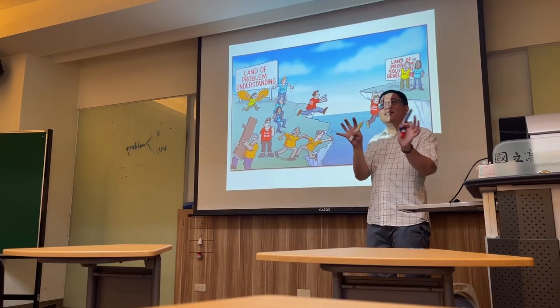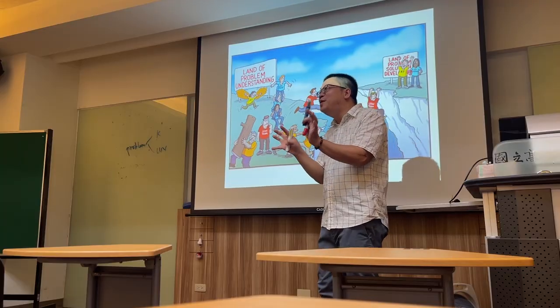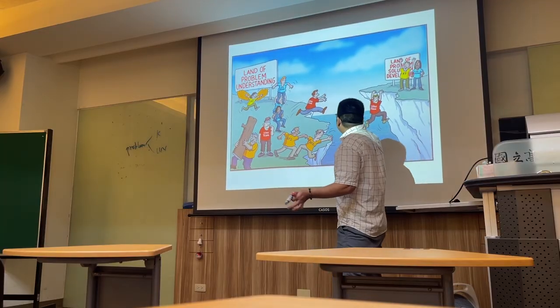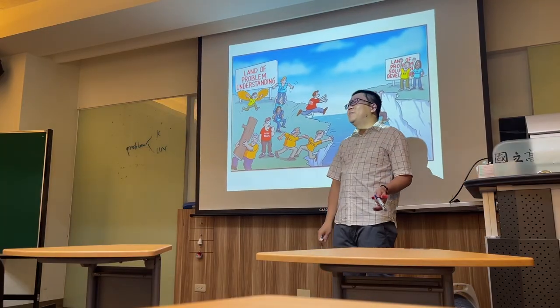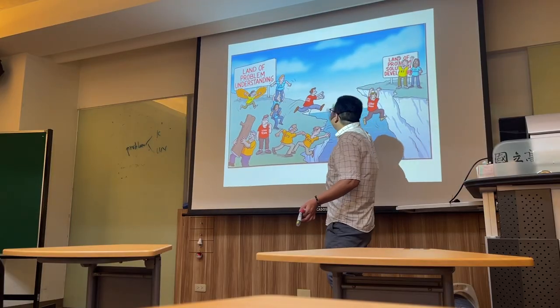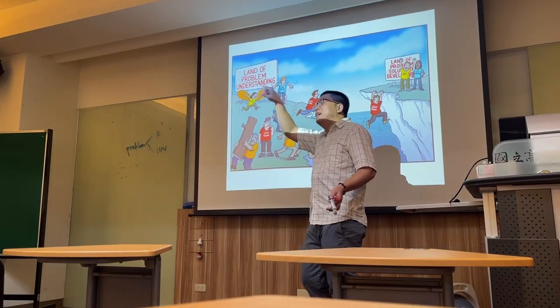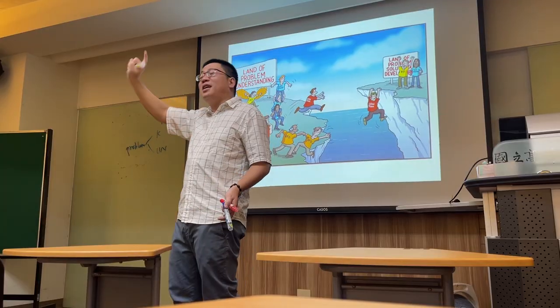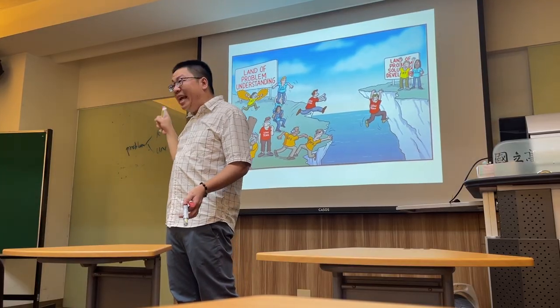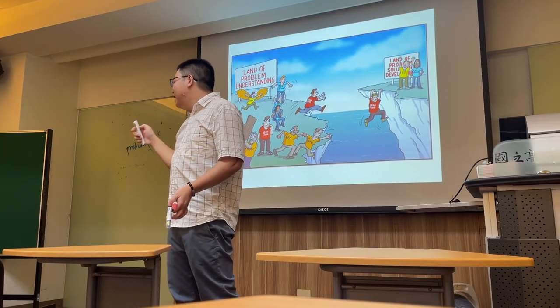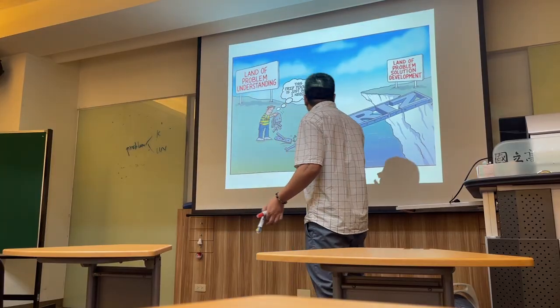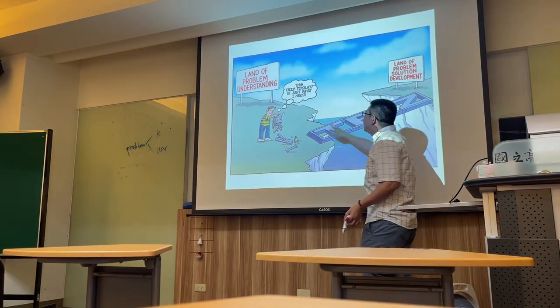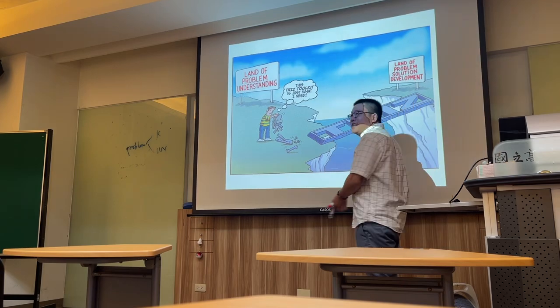If you don't have a tool to do that, maybe you will fall down. When you see the problem, you may randomly select some solution and try. So it's so risky. TRIZ theory will help you to move from here to here, safely.